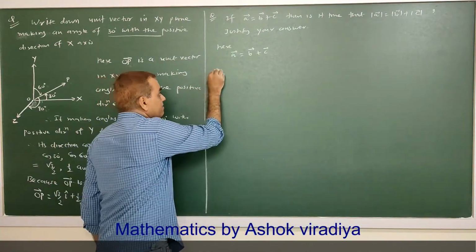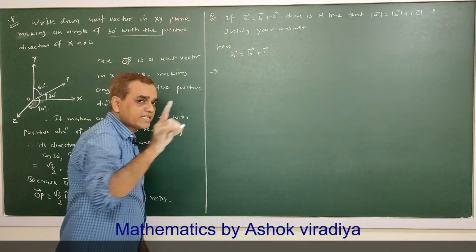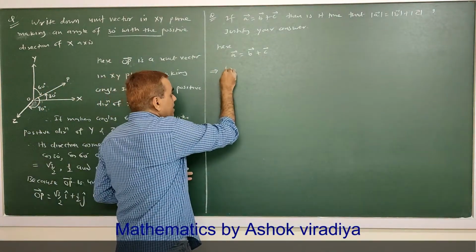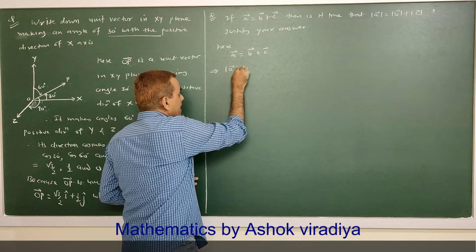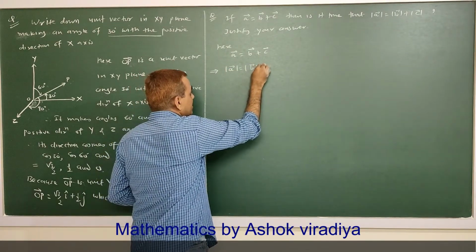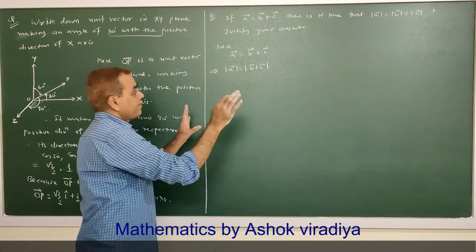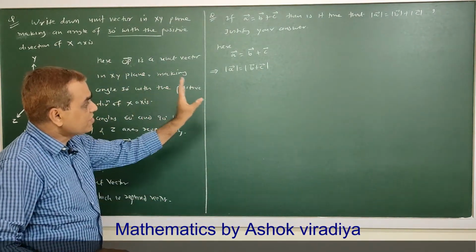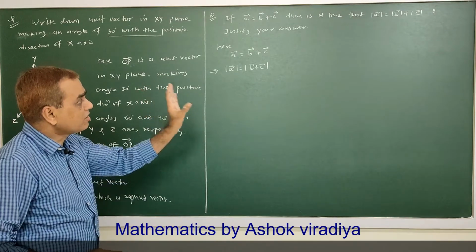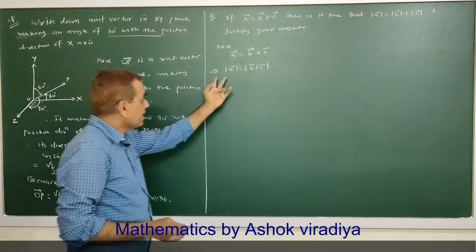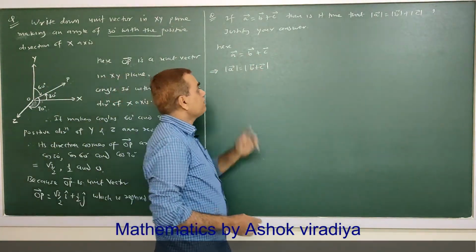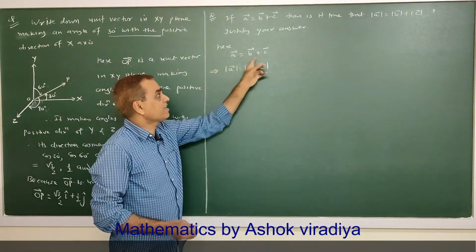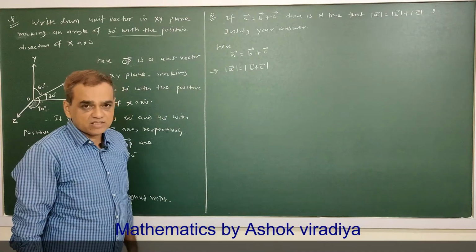The next step we can write is to take magnitude on both sides. So magnitude of A is equal to magnitude of B plus C. Two vectors are equal, so their magnitudes are equal.